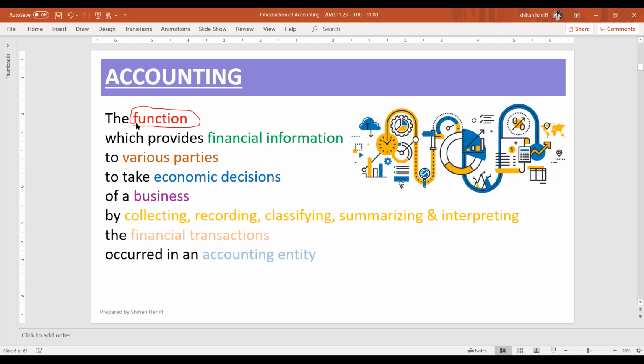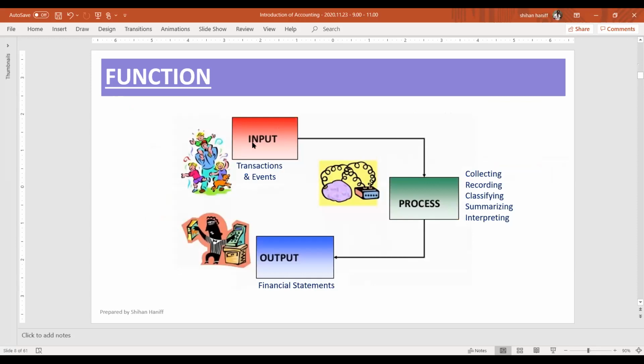We need to know what is meant by a function. A function means there is an input, a process, and an output.